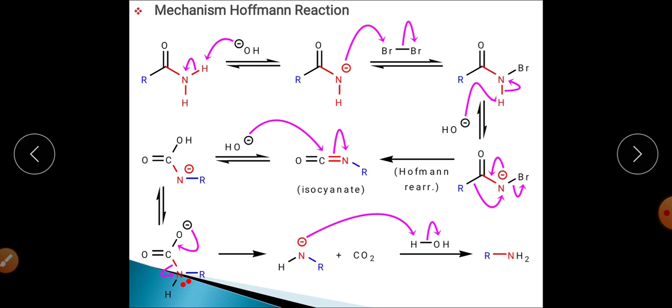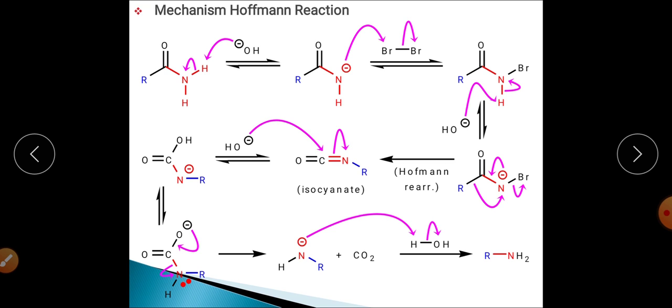If this reaction is carried out with a methanolic solution of potassium hydroxide, that is, we are not taking water but methanol, then you will not get the amine as the product. Instead you will get the urethane as the product.